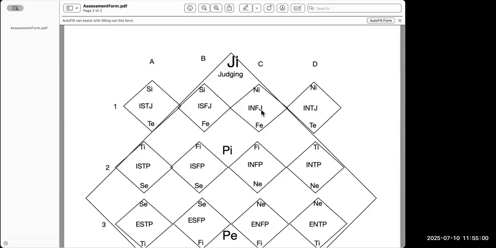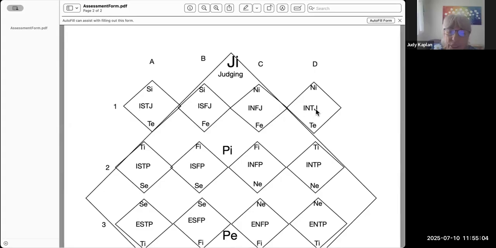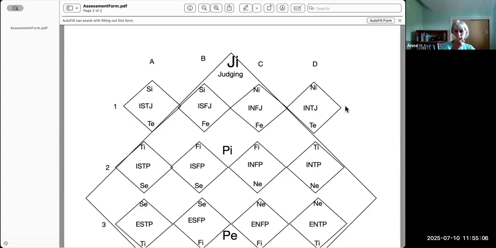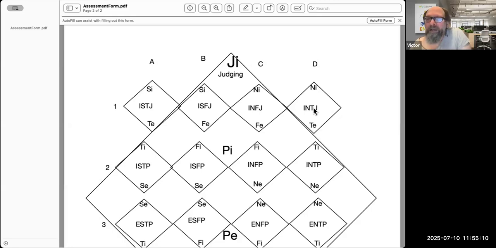Yeah, which means the rational is extrovert.